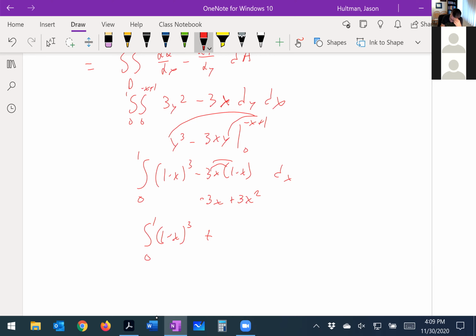plus 0 to 1, there's a dx there, dx, plus 0 to 1 of negative 3x plus 3x squared dx. Okay, so get that going on there.